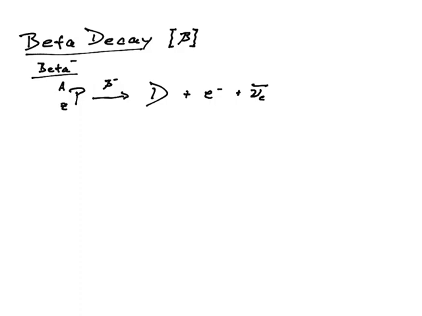Now, we know electrons and neutrinos, in terms of particle physics, are very, very light particles. In fact, physicists have almost always thought, until fairly recently, that they don't have any mass whatsoever, but we know now they do. But what's weird about them is they are very weakly interacting.